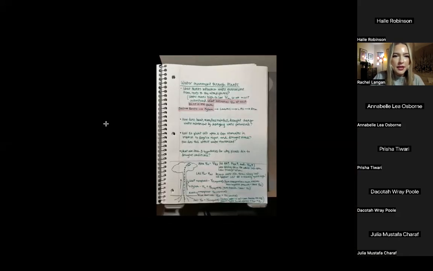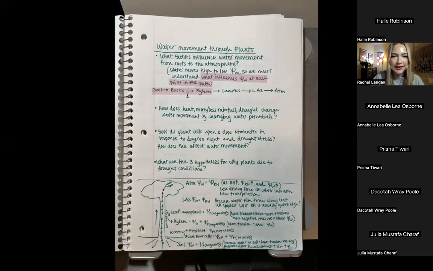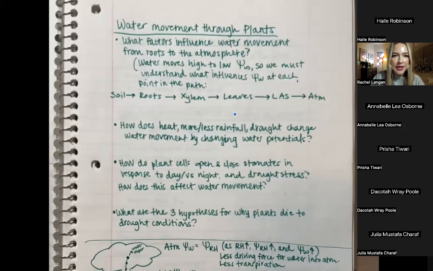So the next topic that we have is water movement through plants. And I made bullet points of the main things that you should know. So the first thing you should understand is what are the factors that influence water movement from the roots all the way up to the atmosphere.